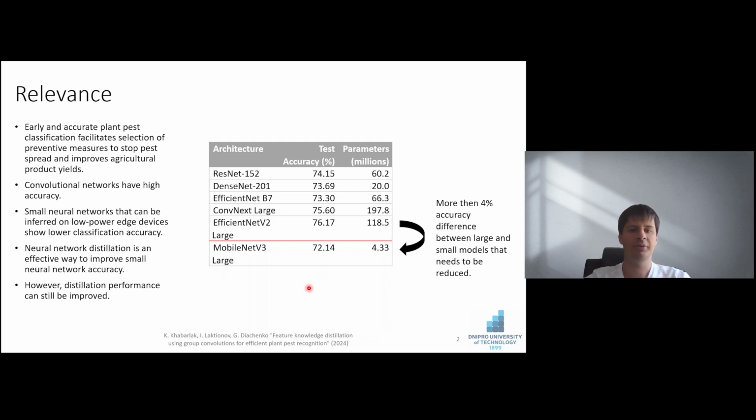As you can see, it has several times, even an order of magnitude, fewer parameters, and it's quite fast. But it has 4% lower accuracy than the large neural networks. In this work, we want to propose an approach that will reduce that 4% gap.